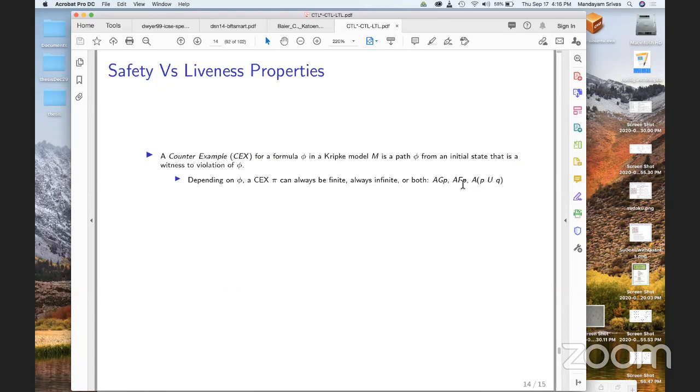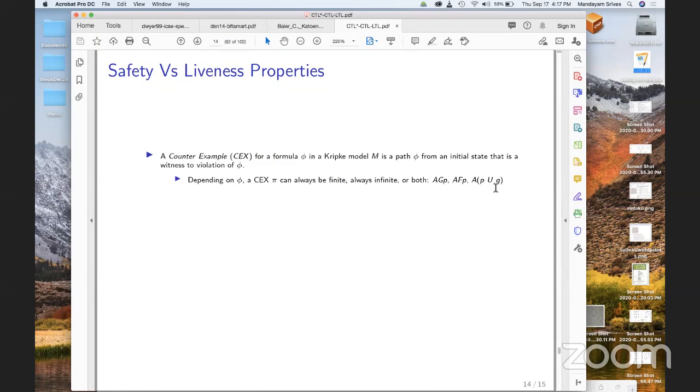That's why any witness to violation of AF of P, or F of P, which is equivalent, is always infinite. It has to be an infinite path witness. So P until Q has both. On those paths in which Q is eventually true, but there is a violation because P did not hold continuously, those are finite witnesses.